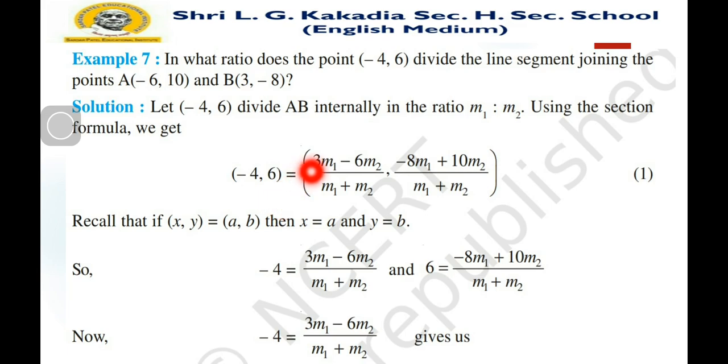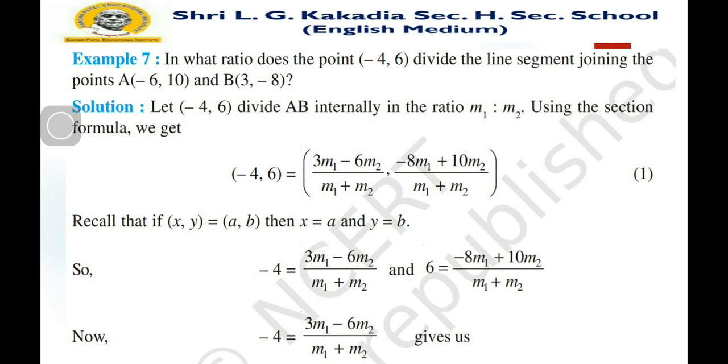Minus 4 is equal to (3m1 minus 6m2) upon m1 plus m2, and 6 is equal to (minus 8m1 plus 10m2) upon m1 plus m2. Now from either of them you can find the value of m1 is to m2. Just take one of them.